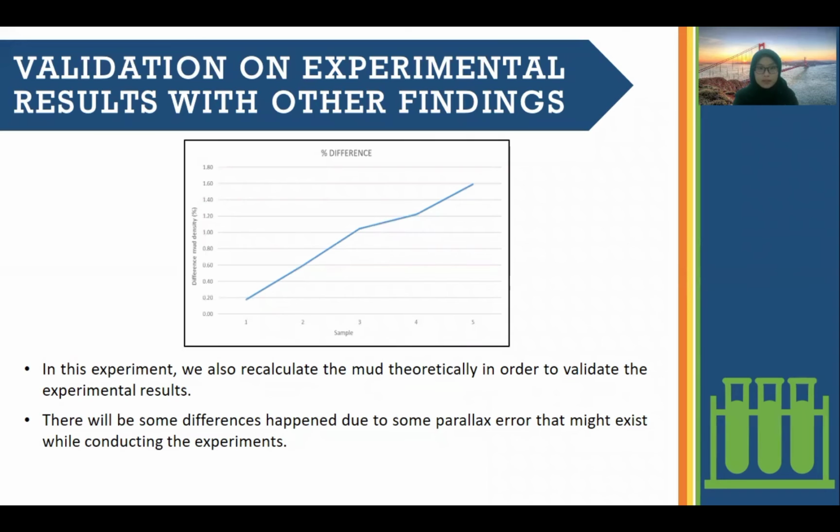Based on the graph shown above, it shows the percentage differences between the calculated and the theoretical values, which are 0.18%, 0.59%, 1.05%, 1.22%, and 1.59%. What we can say is that the maximum desired mud weight that can be achieved is around 8.8, 8.9, 9, 9.3, and also 9.4 ppg.